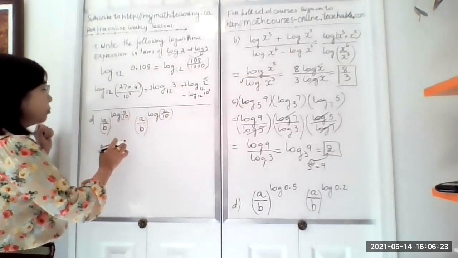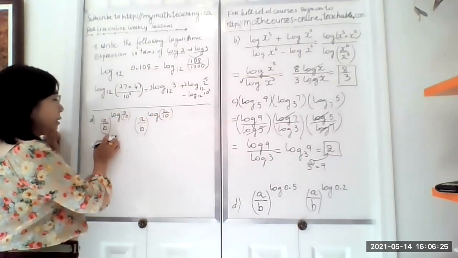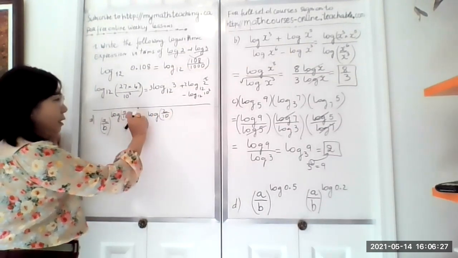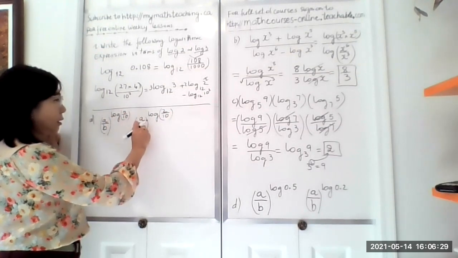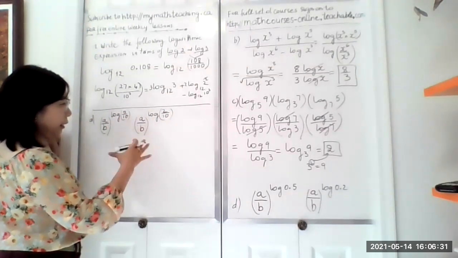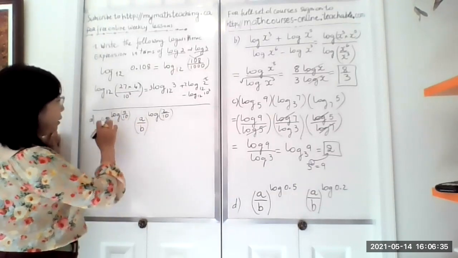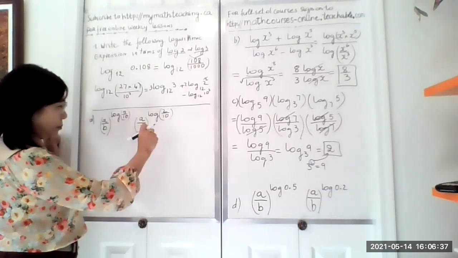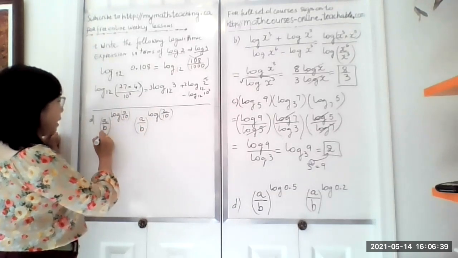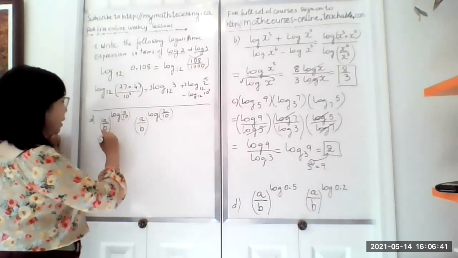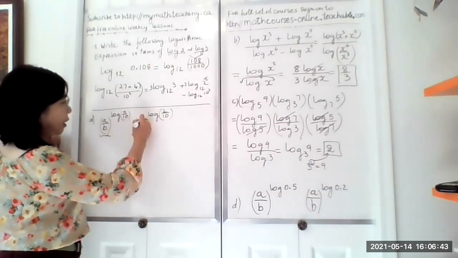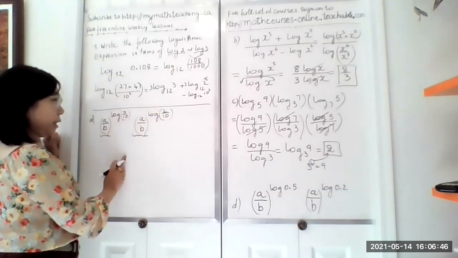So now, noticing this is the same base. If you treat A over B as one number, right? Just consider A over B like a number 5 or number 2 or number 6, whatever it is. A over B is one number. Then you understand that we can take the common factor of A over B because they are the same base.